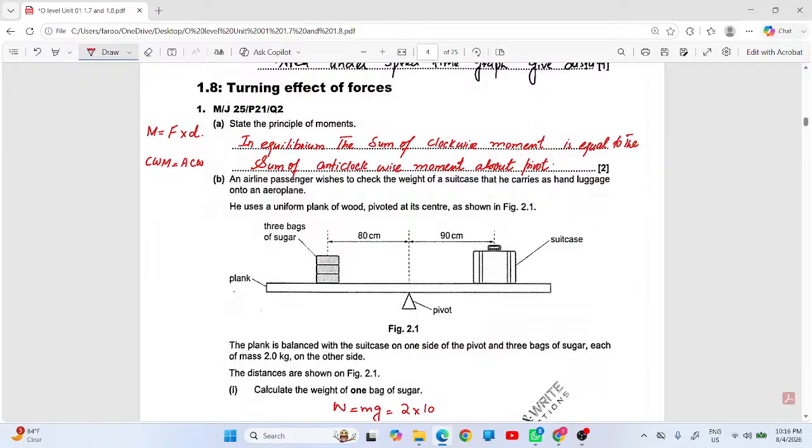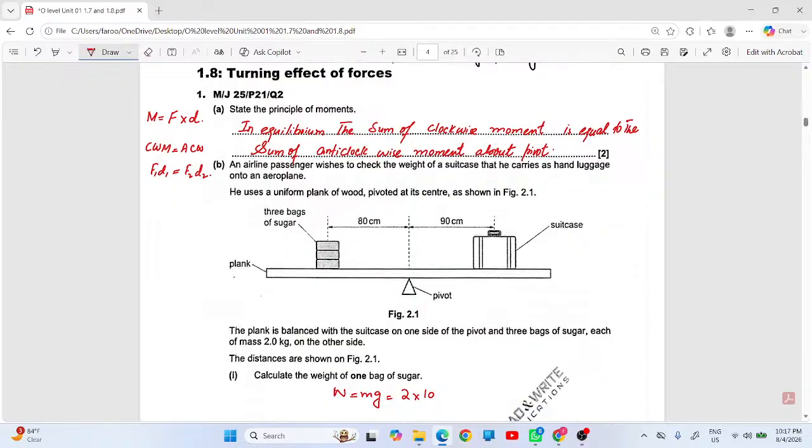Okay? So clockwise moment equals anti-clockwise moment, which is F1 D1 equals F2 D2, and the distance should be perpendicular distance from the pivot.